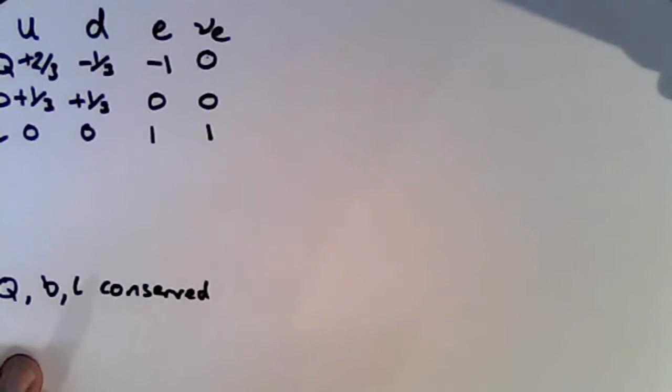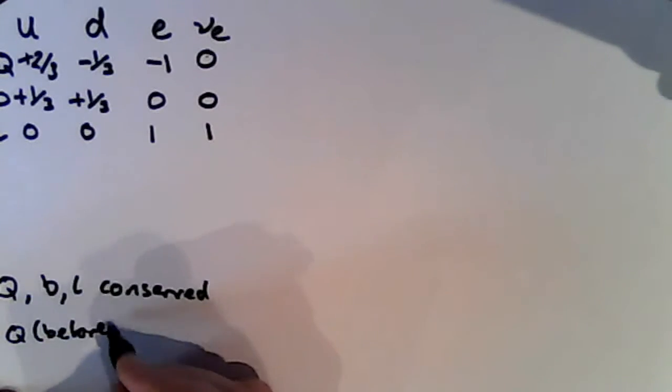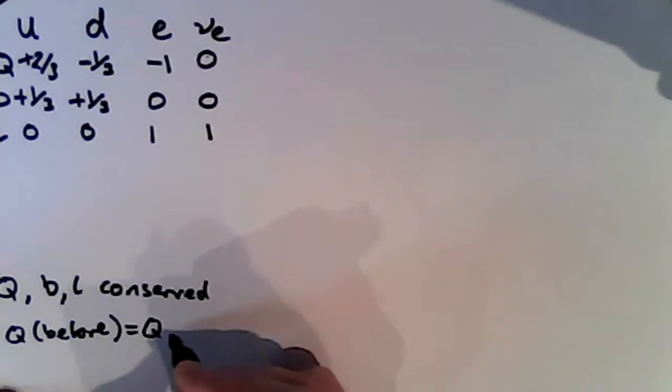What do we mean by conserved? The same thing we mean when we say kinetic energy is conserved, or that momentum is conserved. So Q before is equal to Q after.